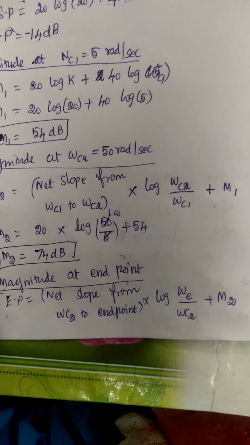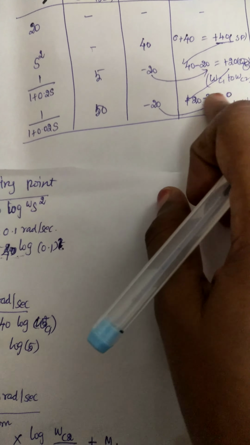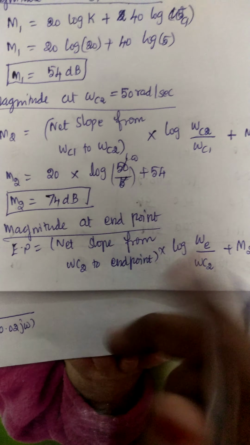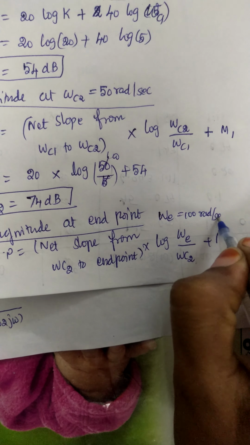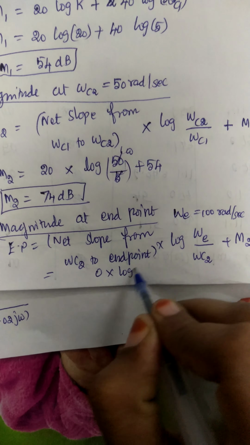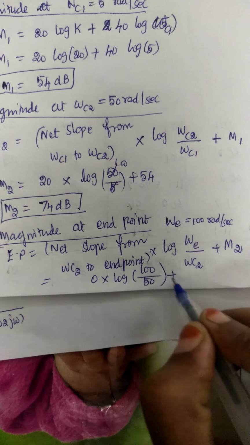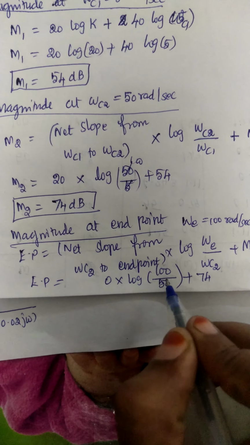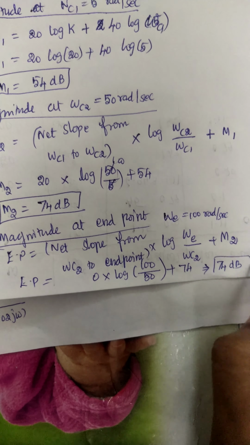In this formula the net slope value from omega c2 to endpoint is 0 only. Let me take our end frequency as 100 radians per second. So we are taking 0 into log of 100 divided by 50, plus the previous value, which is 74. Here it is 0, so your answer for this endpoint is 74 decibel.